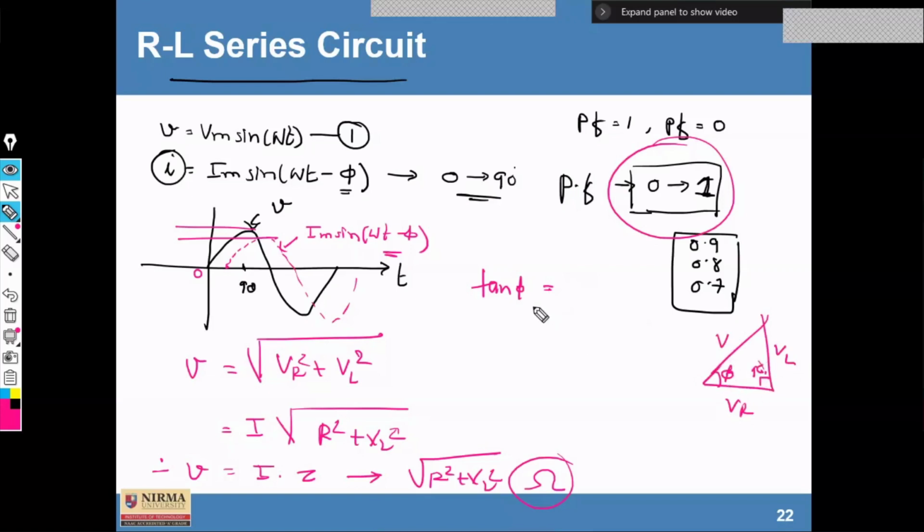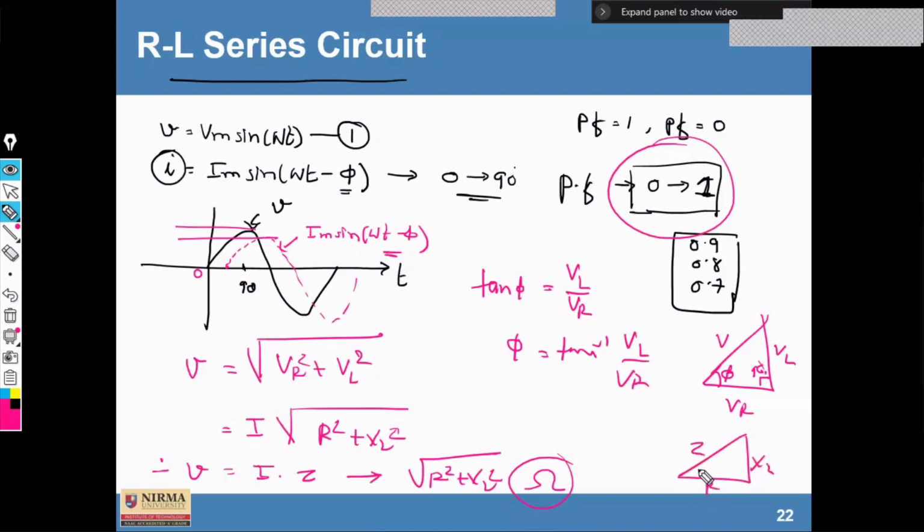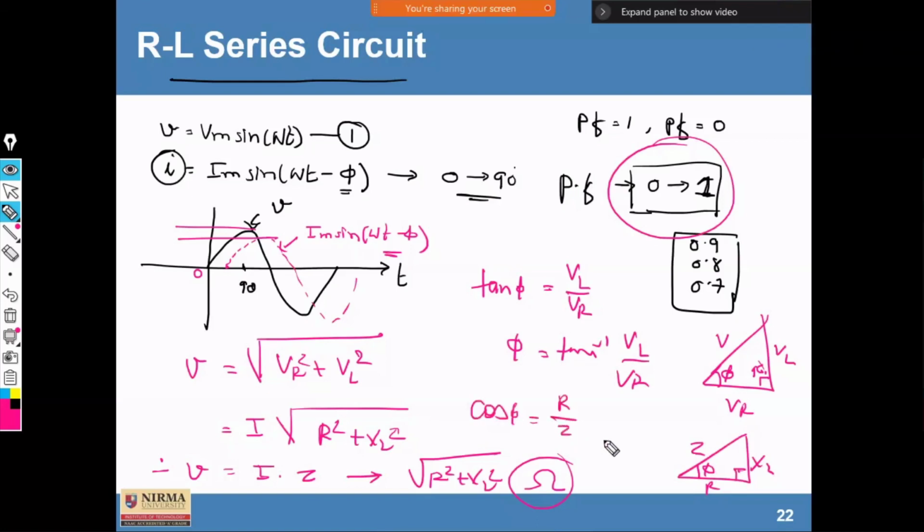So here we can write tan phi is equal to VL upon VR, and we can find phi is equal to tan inverse VL upon VR. Similarly, from the impedance triangle Z, R, and XL, we can write cos phi is equal to R by Z, and then we can find phi is equal to cos inverse R by Z.